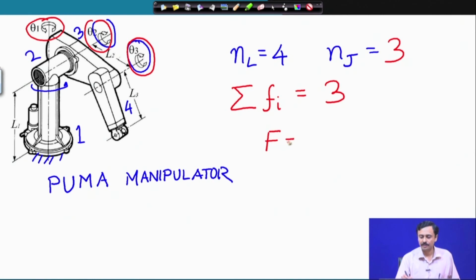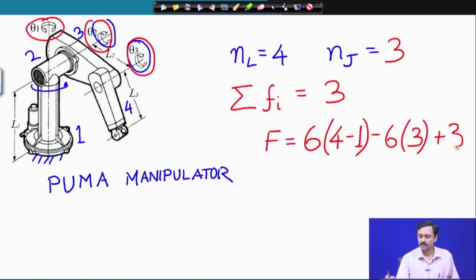Therefore, degree of freedom is 6 times 4 minus 1 minus 6 times number of revolute pairs plus degree of freedom of individual pairs. So, this again turns out to be 3. So, this PUMA manipulator has 3 degrees of freedom, and these 3 degrees of freedom are actuated by rotary motors as has been indicated.